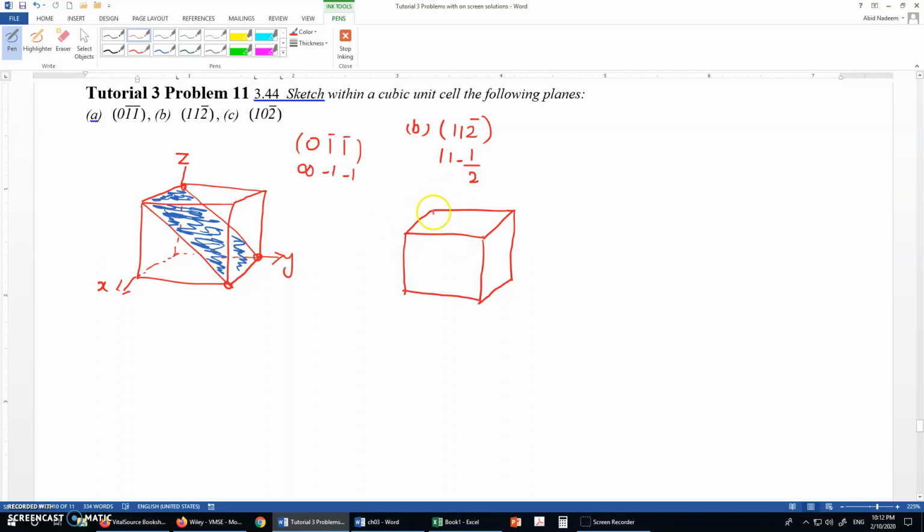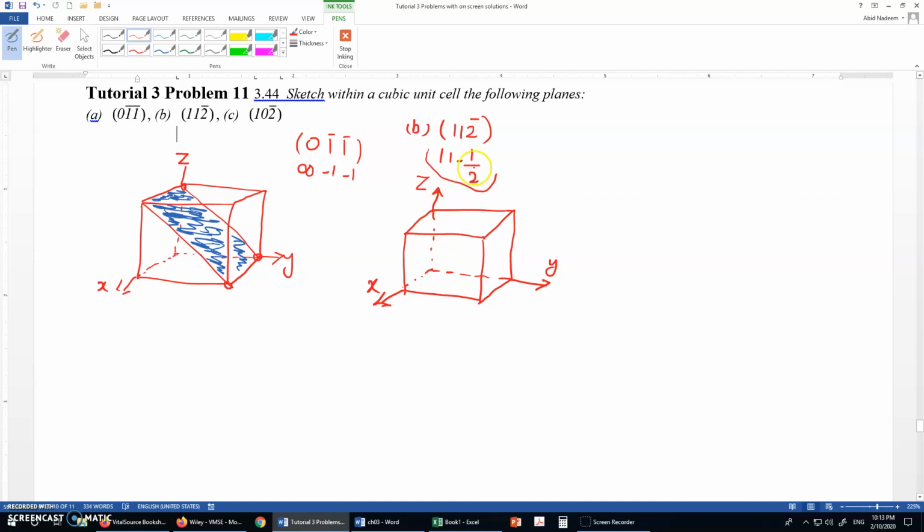So let's suppose this is the unit cell, y-axis, z-axis, x-axis. So our points of consideration are 1, 1 and minus 1 by 2. So here for the z-axis we need to change the origin.